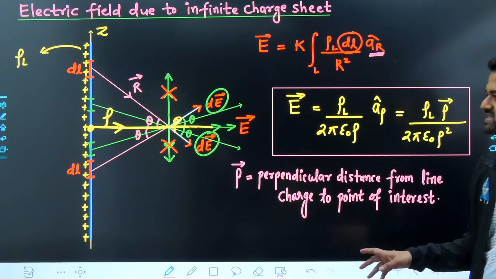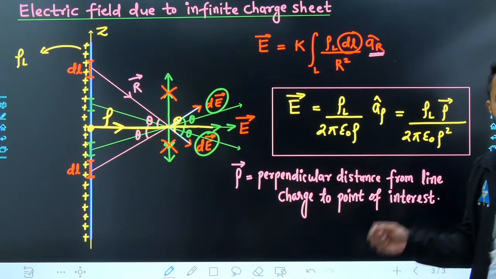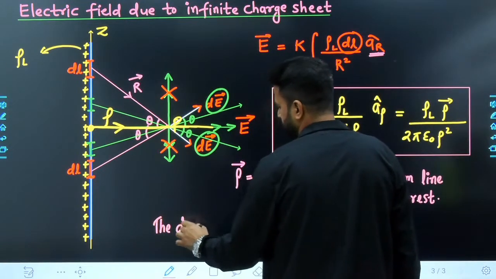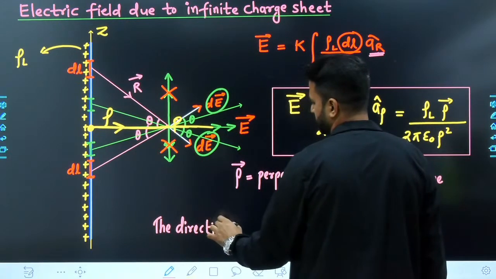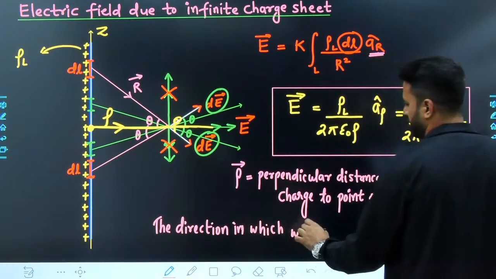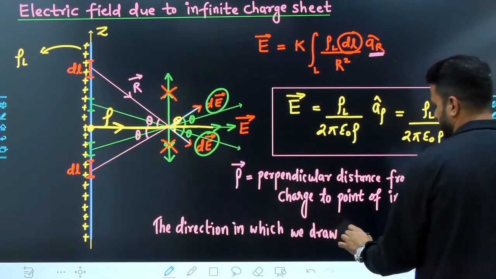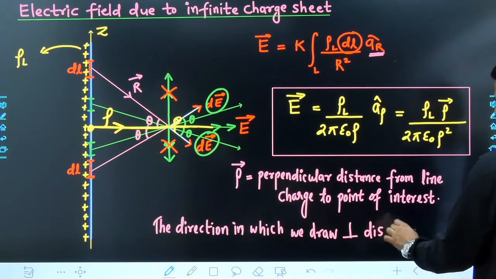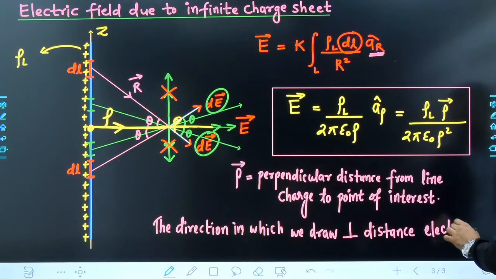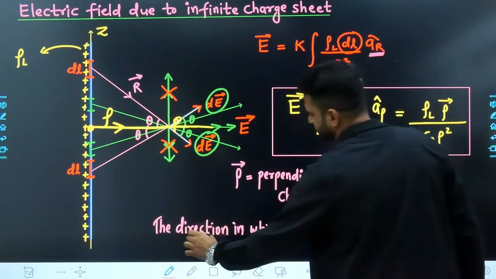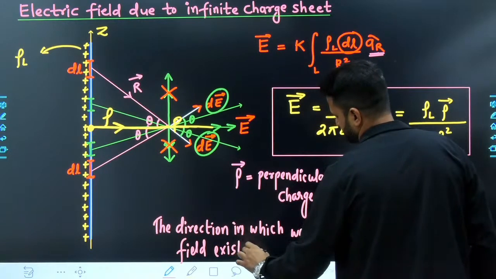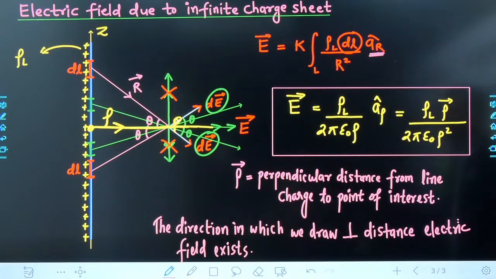Rho is the perpendicular distance, and the direction in which you draw the perpendicular distance, the electric field will exist.